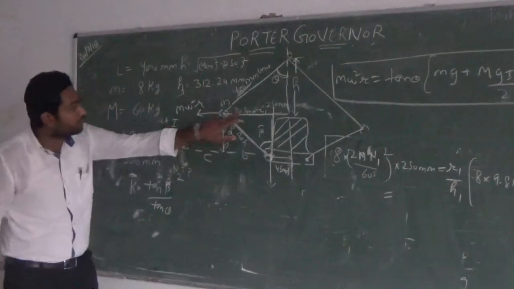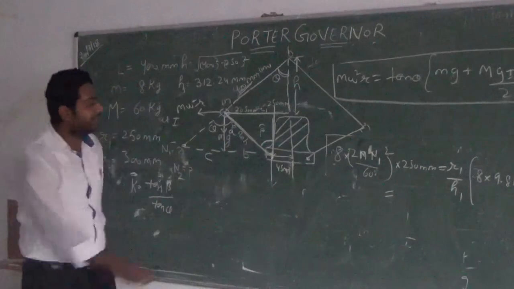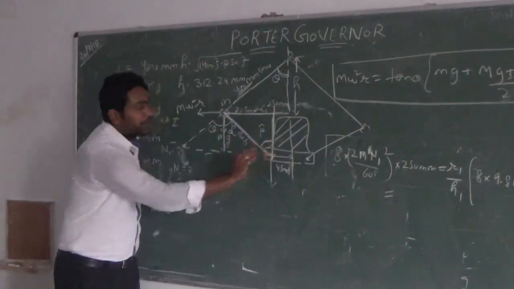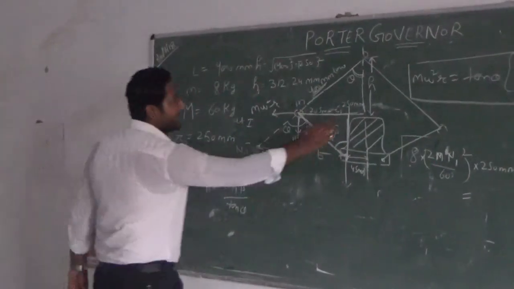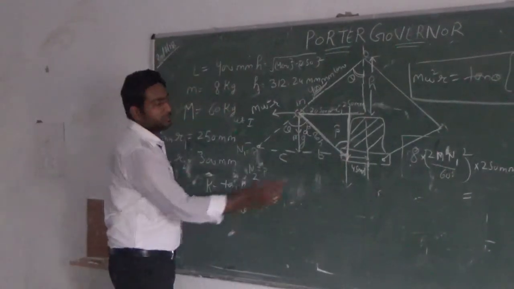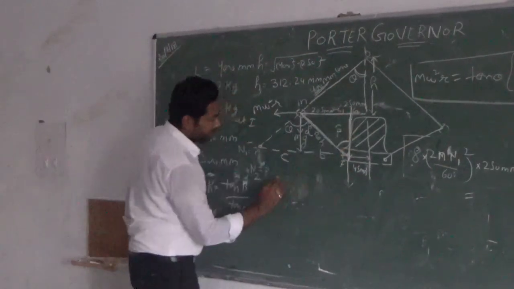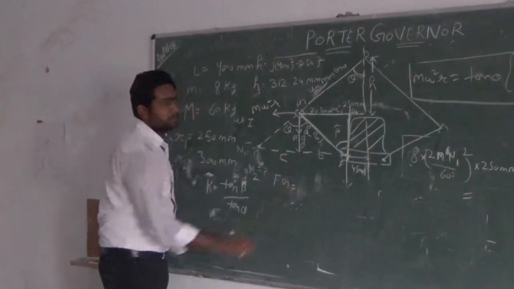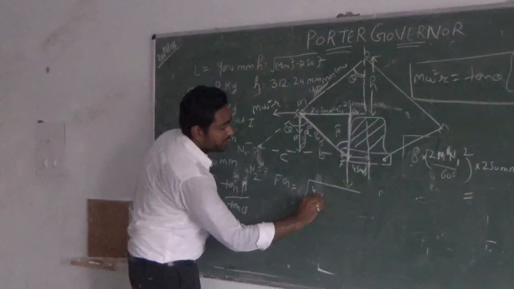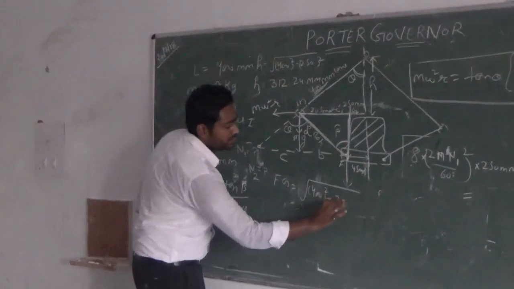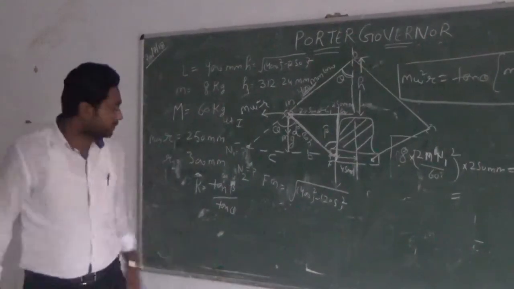Now we have two distances, 205 and 400. We can easily calculate this perpendicular distance, suppose fg. What is the value of fg? Under root 400 square minus 205 square, which is 343.47 mm.